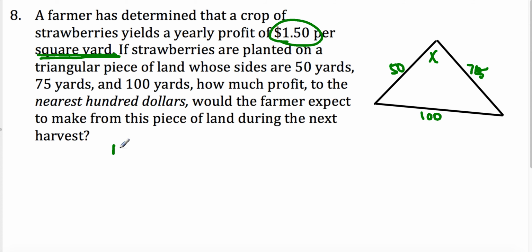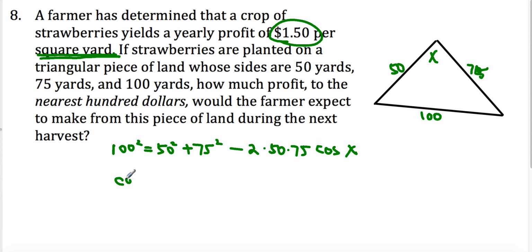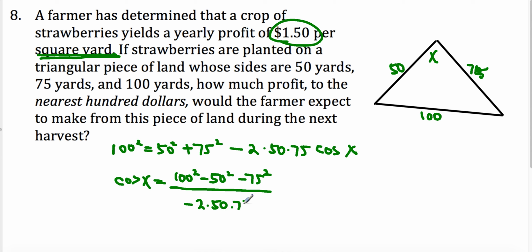So here we get 100 squared is equal to 50 squared plus 75 squared minus 2 times 50 times 75 times cosine of x. So cosine of x is equal to 100 squared minus 50 squared minus 75 squared all over negative 2 times 50 times 75. That's basically what we end up getting.